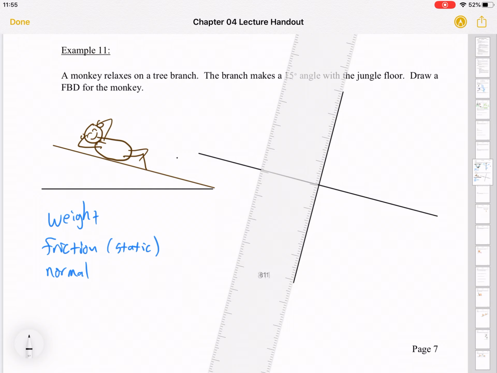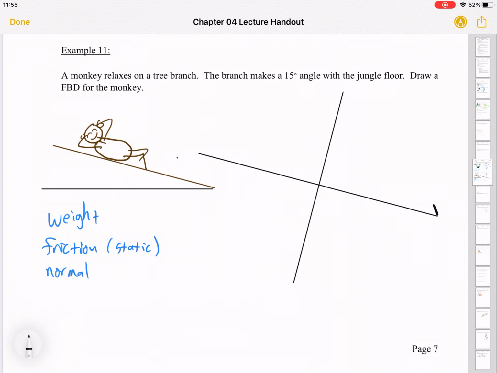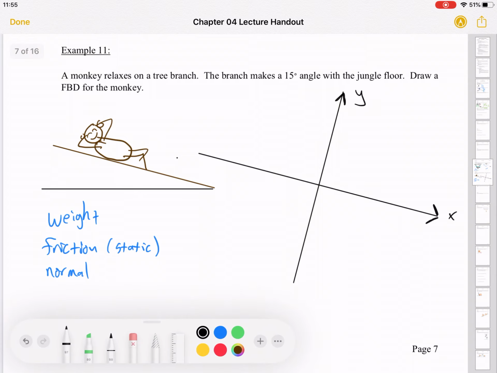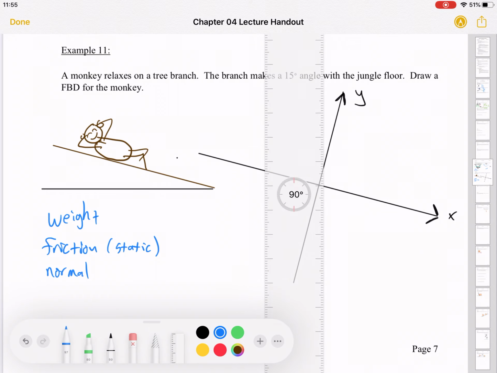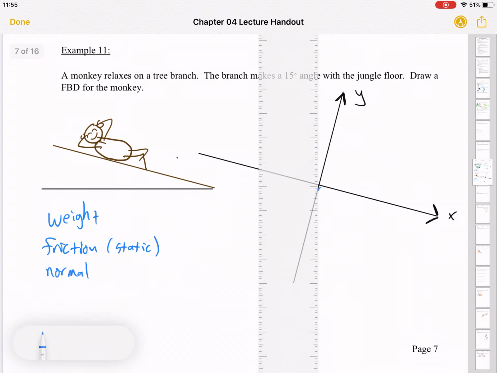So we'll call that positive x direction, the positive y direction. And what do we have? We have weight. Let's start with weight. Now weight points straight down, right? And we're kind of choosing how long we want this to be. So that's pretty good.